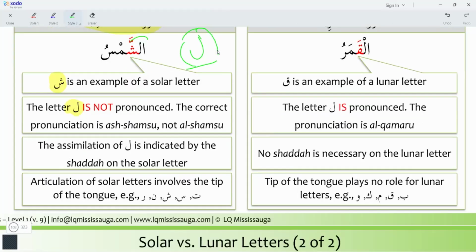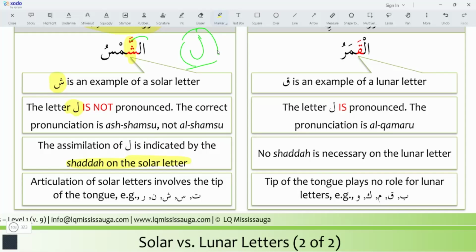The assimilation of lam is indicated by the shadda on the solar letter. So there is a shadda on the sheen. Ash-shamsu.